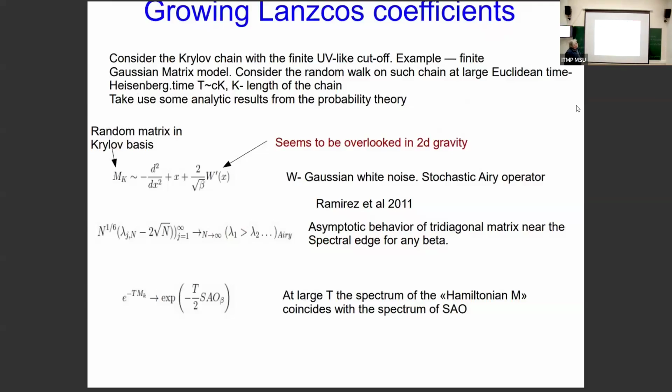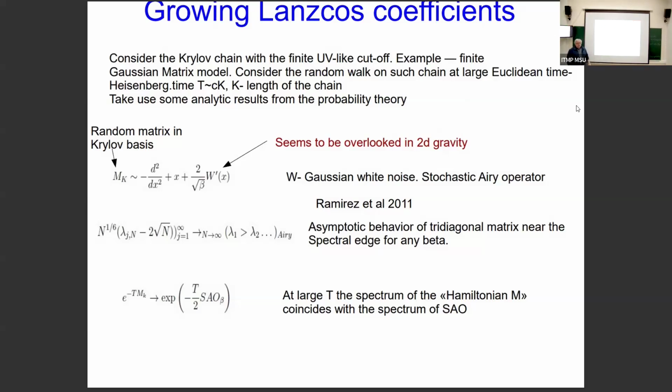When the length of the time is proportional to the length of the chain, we could use some mathematical results. In the 90s, there was a very well-known claim that a random matrix near the spectral edge behaves as a differential operator.